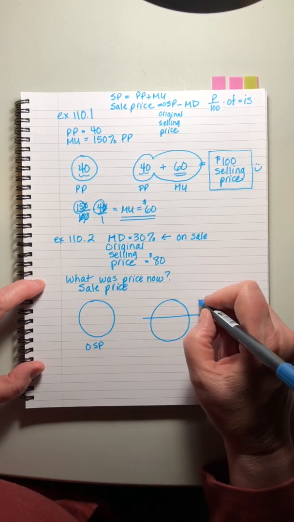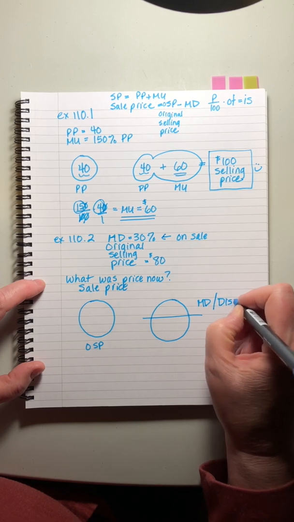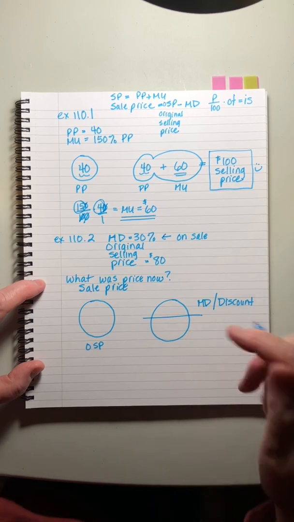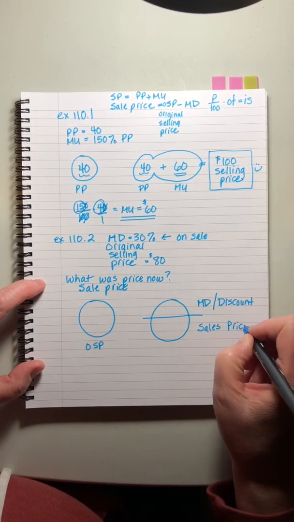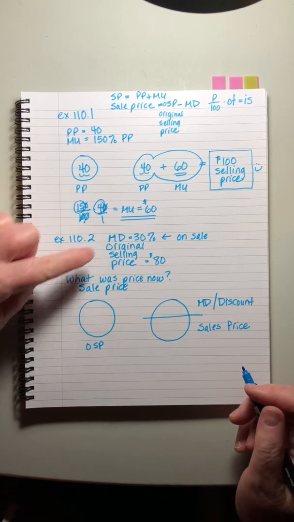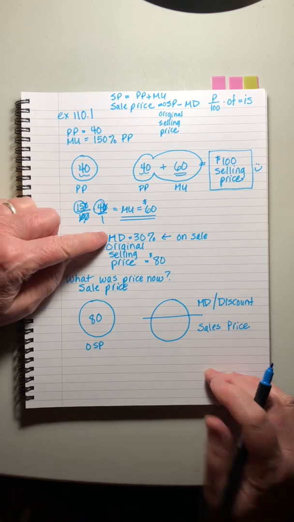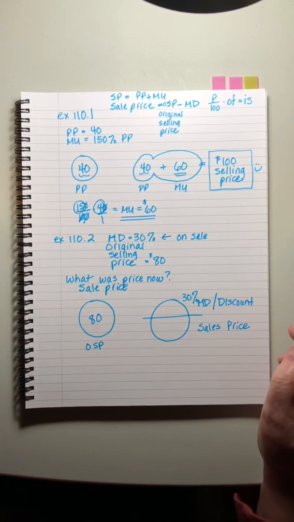This part is going to be the markdown, or another word for it is discount. This is how much you get off. This will be the new sales price. Okay? We know that our original selling price was $80, so that goes over here. And we know that we're getting 30% off on this merchandise.